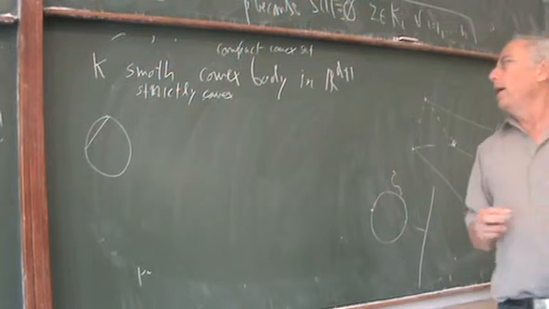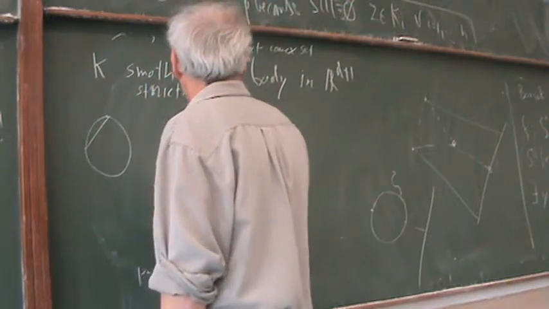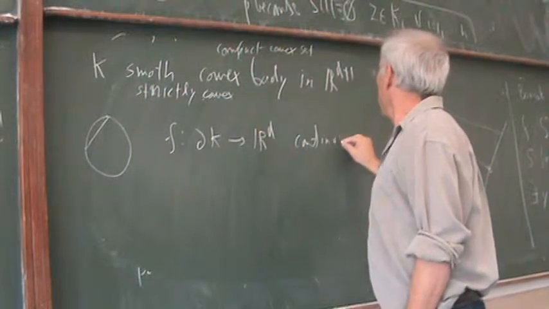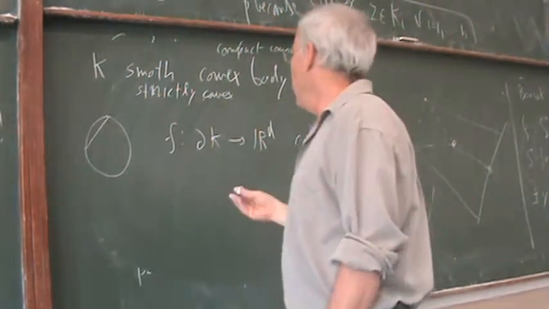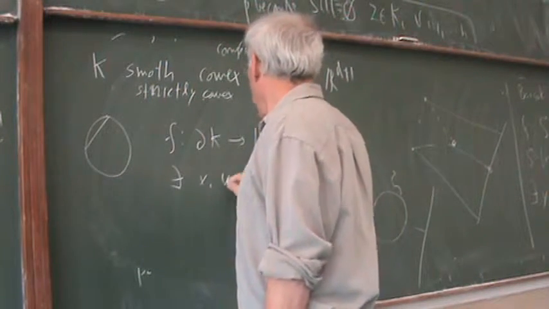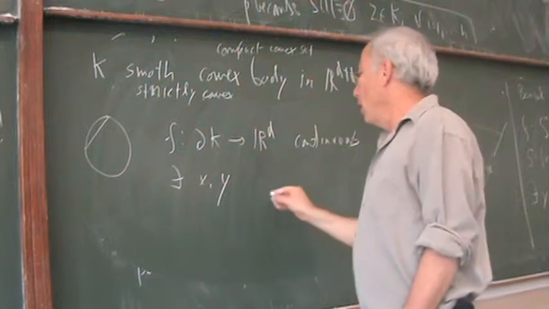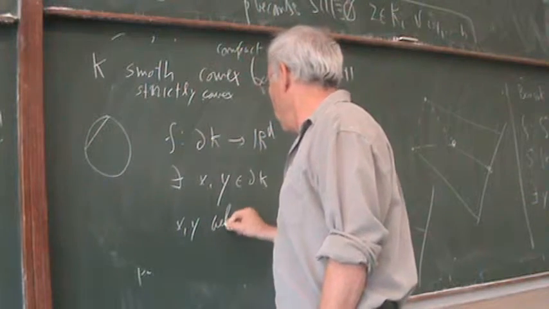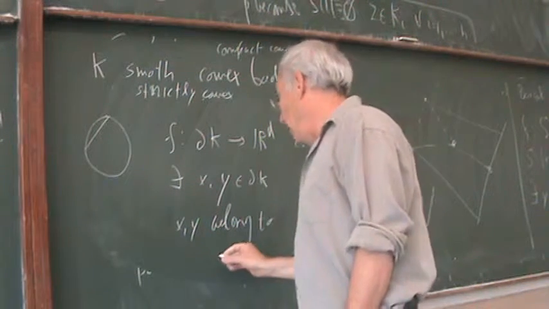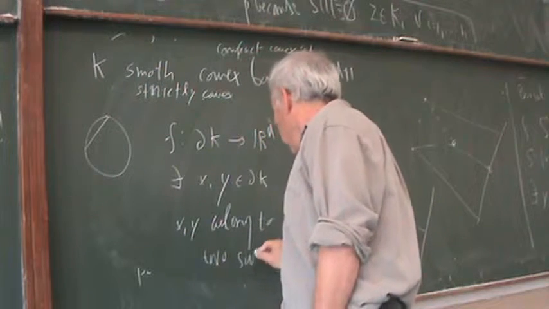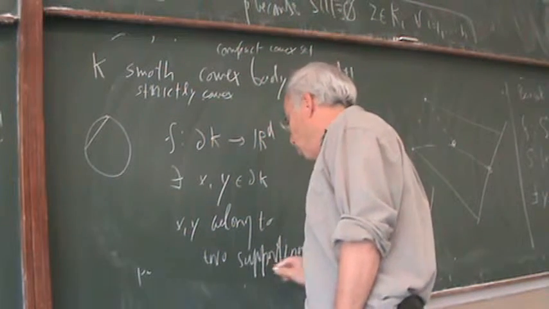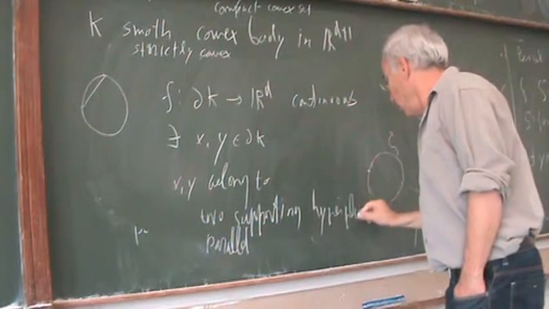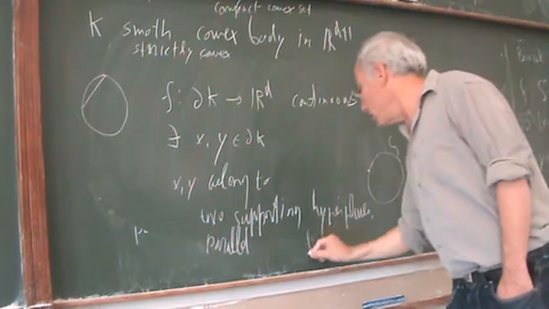Now the theorem says that if f from the boundary of K to Rd is continuous, then there exist x and y in the boundary of K that belong to 2 parallel supporting hyperplanes, and f of x is equal to f of y.